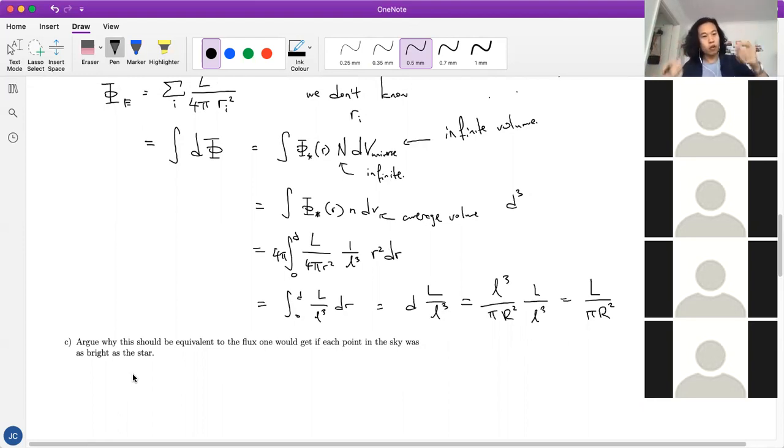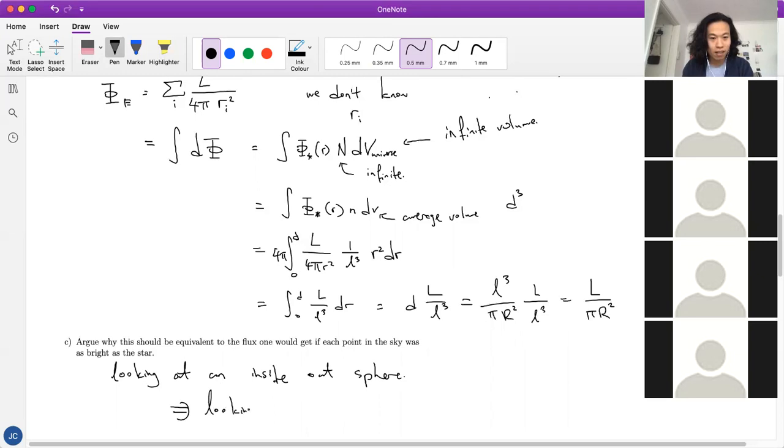Looking up at the sky is equivalent to looking at an inside out sphere. And if every single point is as bright as a star, it's equivalent to looking directly at a star.